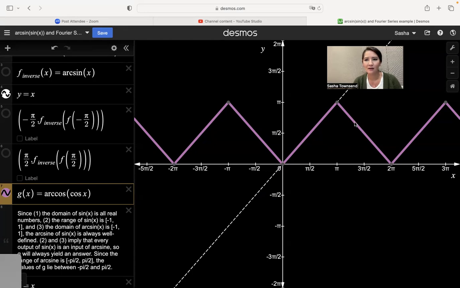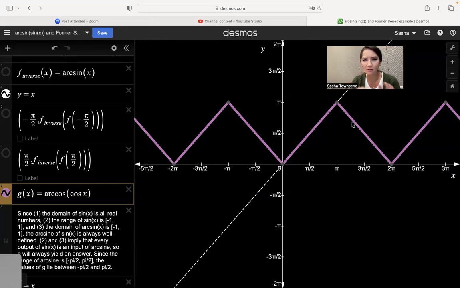So instead of getting 5 pi over 4 back, I look for another angle that has the same cosine.